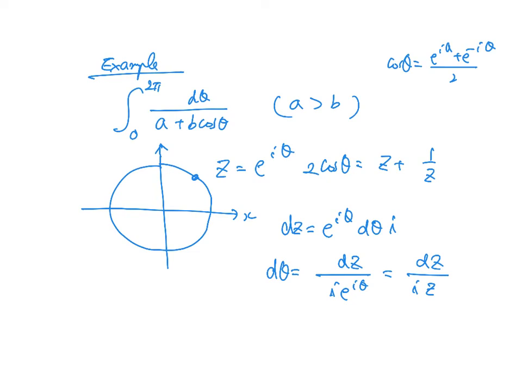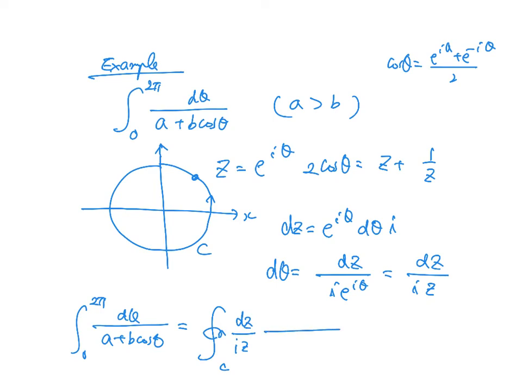So the original problem can be converted into a complex integral. The integral of 1 over (a plus b cosine theta) d theta can be represented as this particular integral over c. So we have dz over i z and a plus b times (z plus 1 over z). So Cauchy must be a real genius.